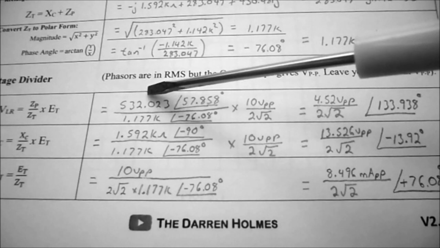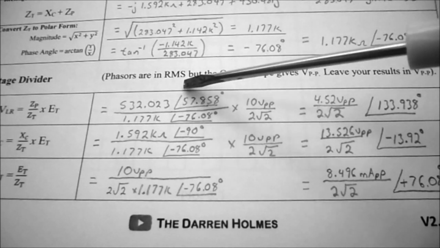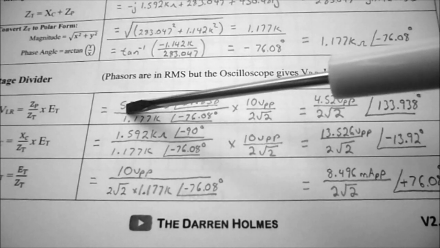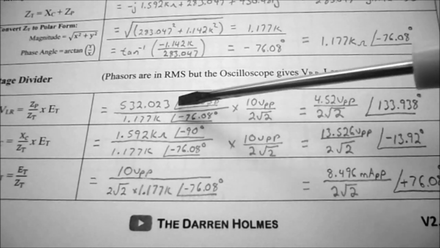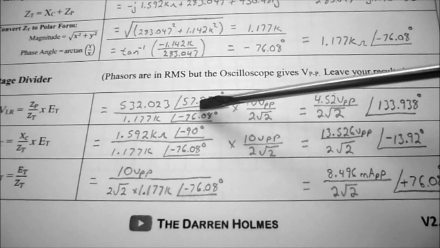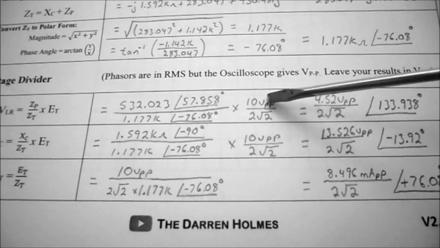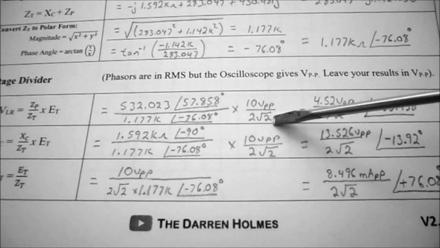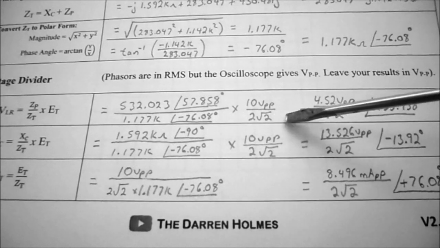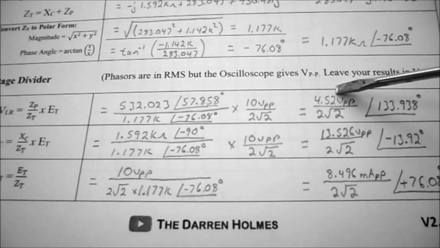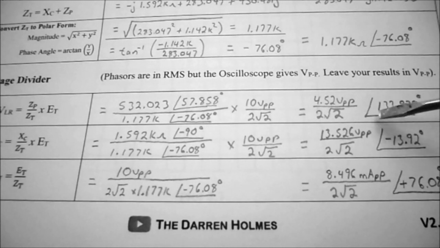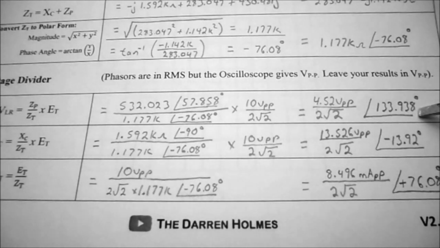So in this case it's 532 at an angle of 57.8 degrees divided by 1.177 K at an angle of minus 76.08 degrees times our 10 volts peak to peak divided by 2 root 2 to get back to RMS value. So that ends up being equal to 4.52 volts peak to peak divided by 2 root 2 at an angle of 133.938 degrees.